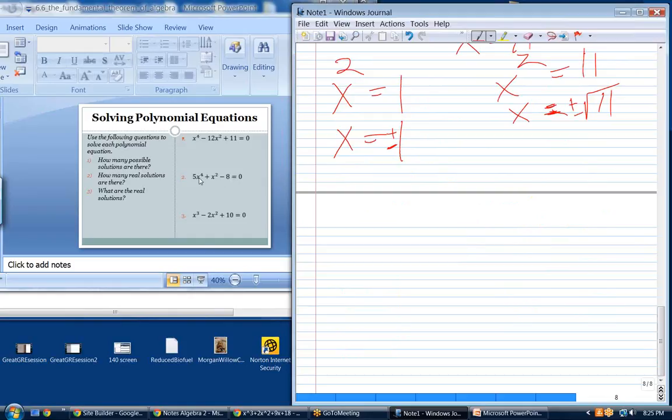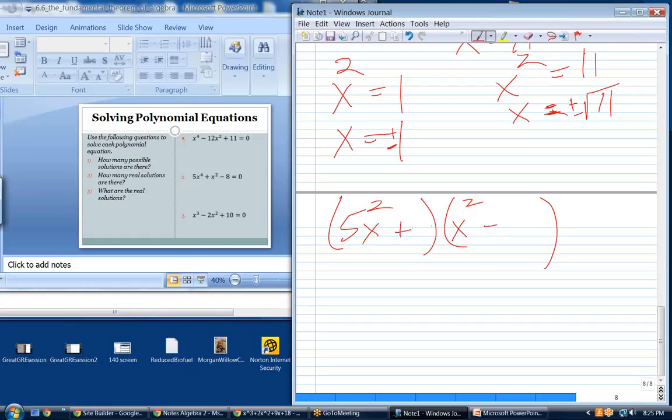We can do that one in the same manner. I don't know if it'll factor nicely, but we're going to use substitution. Let's see if it factors nicely. 5x plus something, 5x squared times x squared. And let's see, what do we need? We need opposite signs.